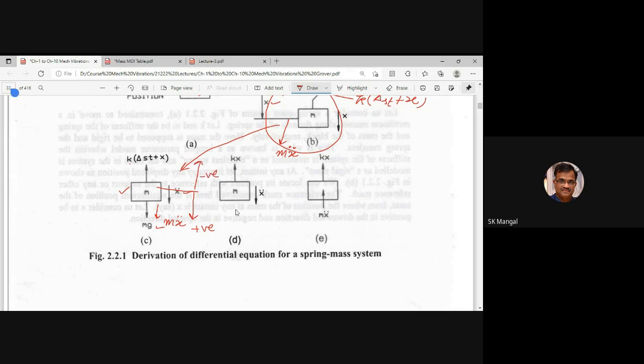So here I can write that the accelerating force is equal to the restoring force. This is our basic equation from Newton's second law.